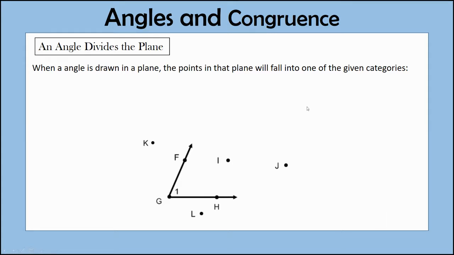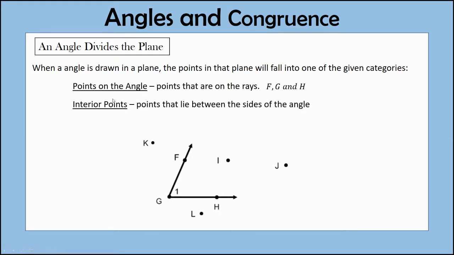If I think of the plane as this computer screen, then this angle cuts the plane into three different categories. One category would be the points that are on the angle itself. Any point that's on these rays would be considered a point on the angle. So in this case, F, G, and H would be points on the angle.